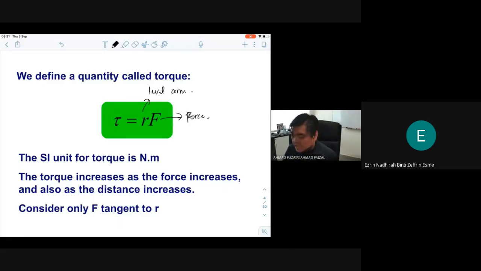But torque is actually a multiplication of two vectors, and this one involves a cross product.